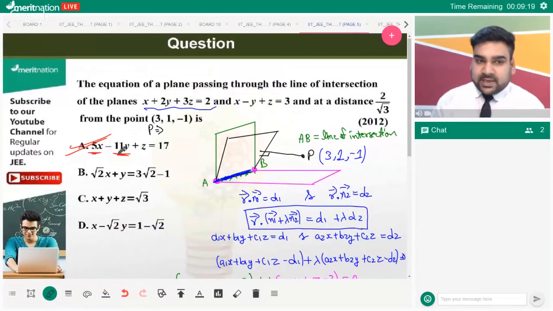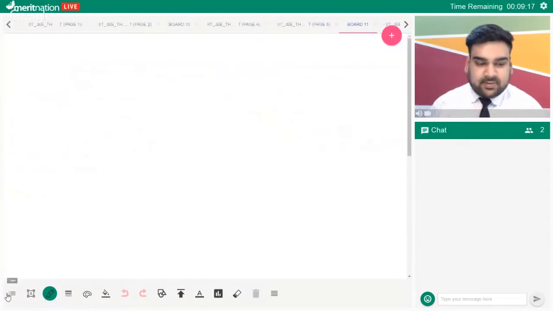Okay, so you can see, guys, in this class, the most important topics we have learned, if I talk about the equation of the plane, related to that: image of a point.